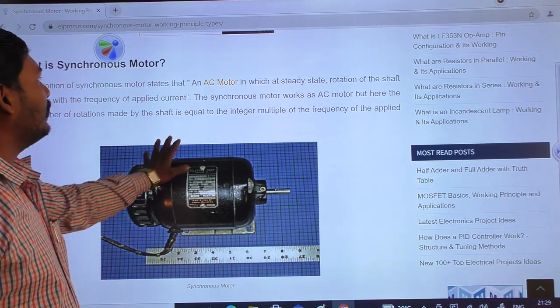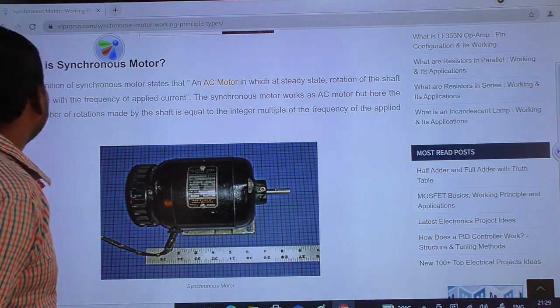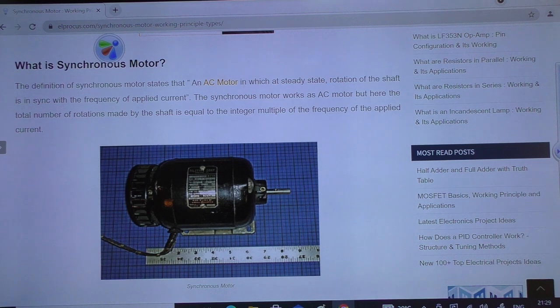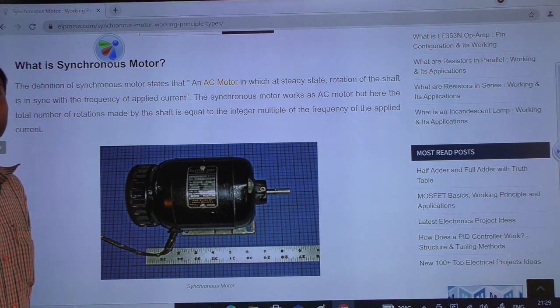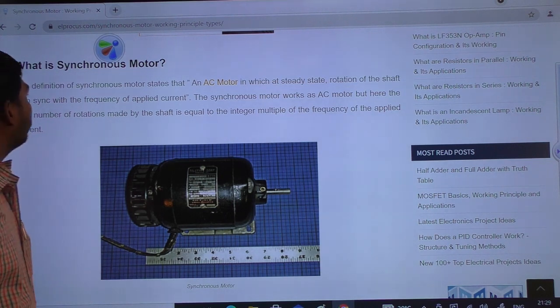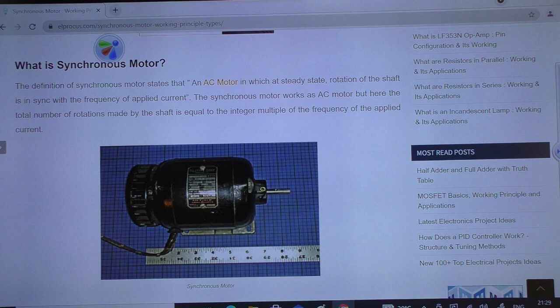Now let us understand the theory that has been written here. The definition of synchronous motor states that it is an AC motor which, at steady state, has shaft rotation synchronous with the frequency of the applied current or voltage.